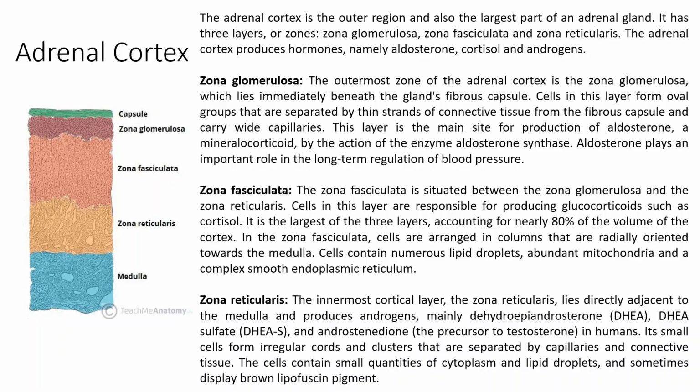If you have a question, please just unmute and say so, or send a message and I'll see it eventually. So the zona reticularis produces androgens. Some examples are DHEA and DHEA sulfate, right? These are commonly hormones.